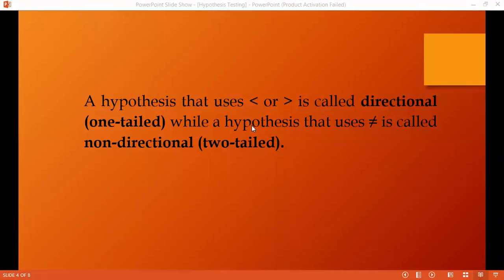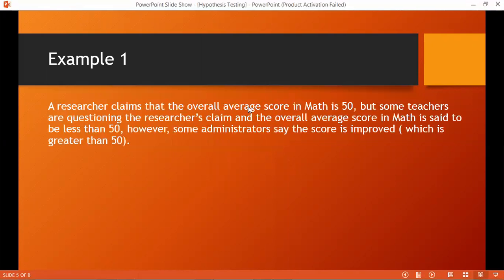Next. Alright. Let's have an example. A researcher claims that the overall average score in math is 50, but some teachers are questioning the researcher's claim and the overall average score in math is said to be less than 50. However, some administrators say the score is improved, which is greater than 50. So, what are the hypotheses for this one? We have null hypothesis.